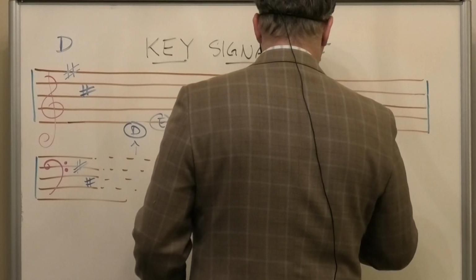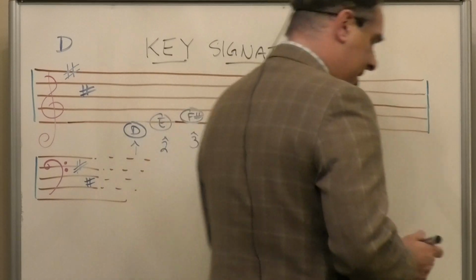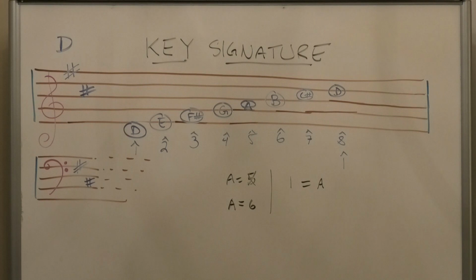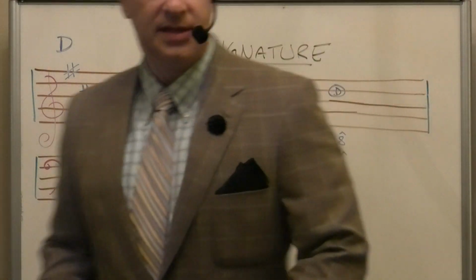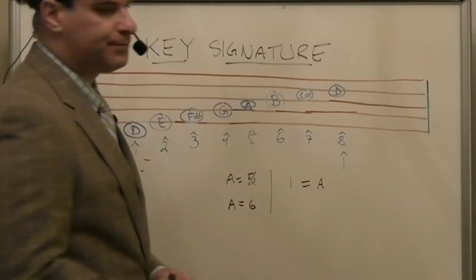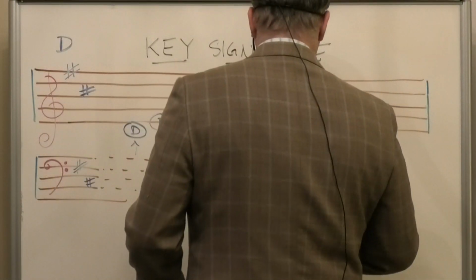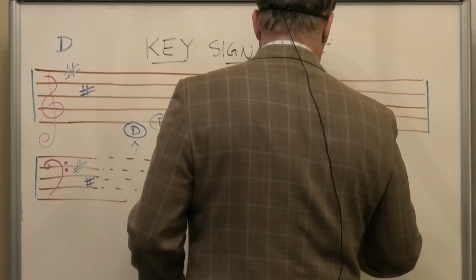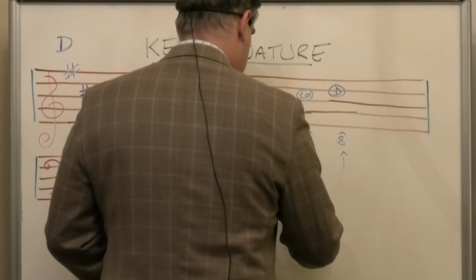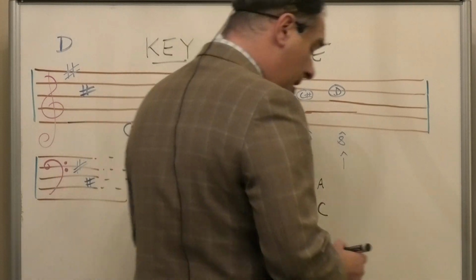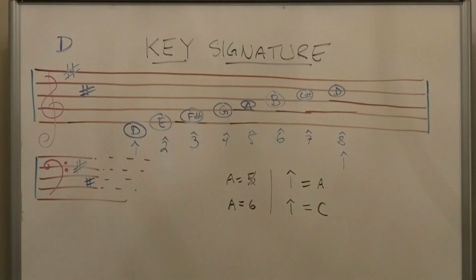So we can say 1 equals A. And what we're talking about is the scale degree 1. So now I have an A scale. Or we can say 1 equals C. Okay? So the numbers now are variable and the letters are constant.